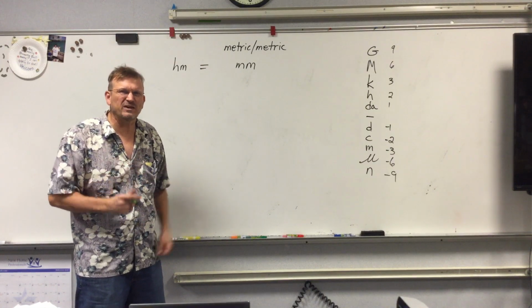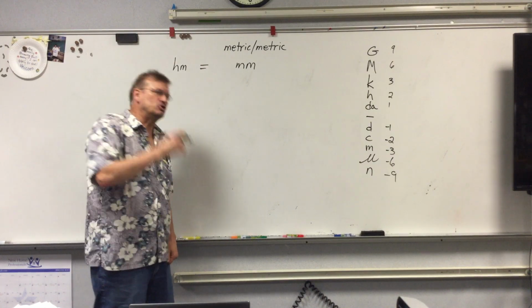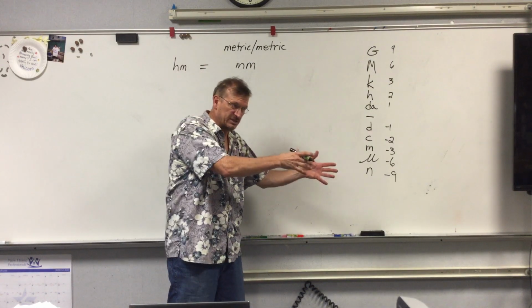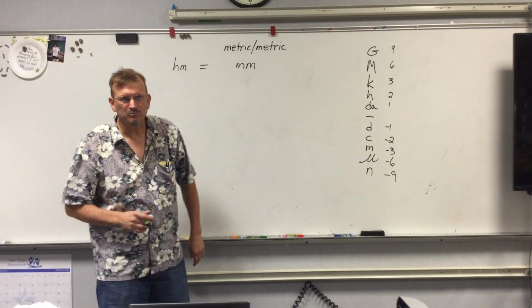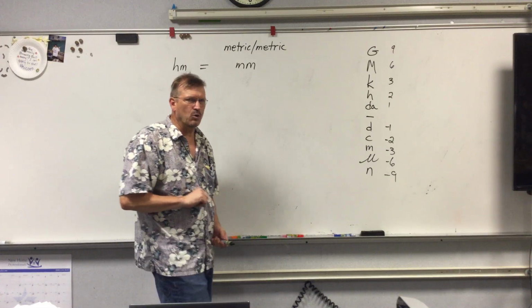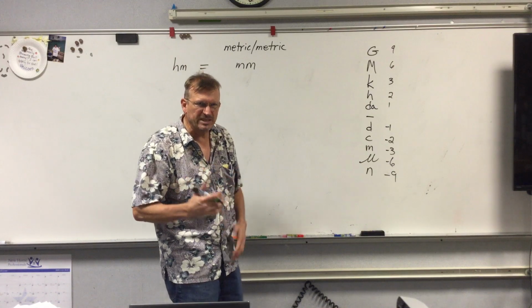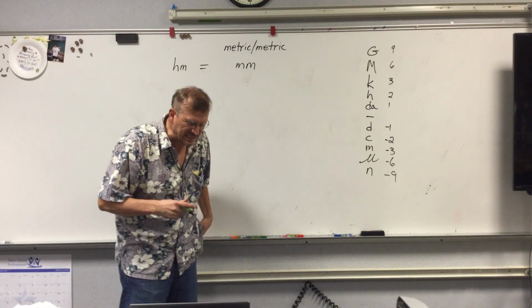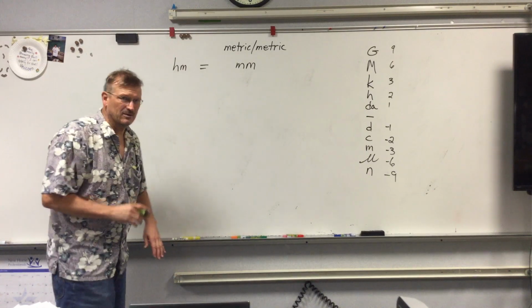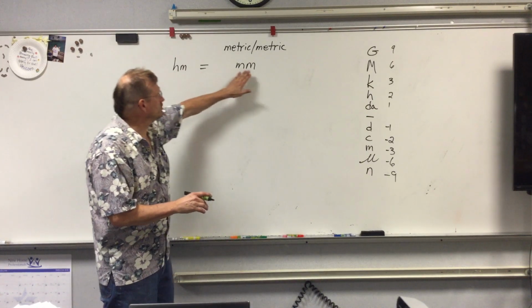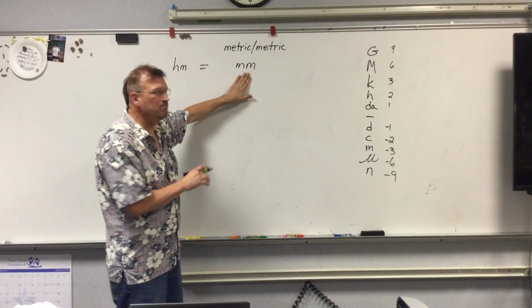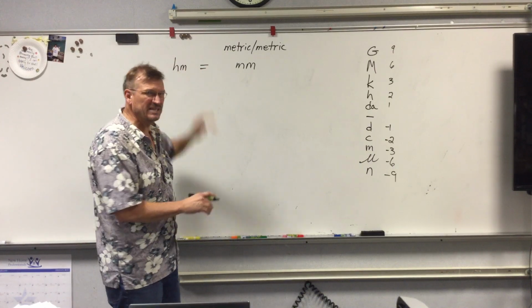The challenge is figuring out, do I want to put 1 on a particular side or the other? And the truth is, you can actually do this both ways. But I am going to teach you a particular methodology so you always end up with a positive power of 10. So here is the deal. First of all, you need to determine between a hectometer and a millimeter, which one of these is bigger.